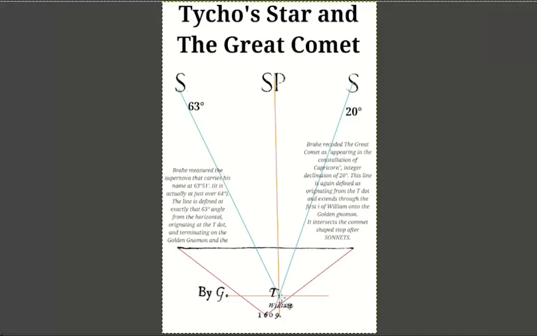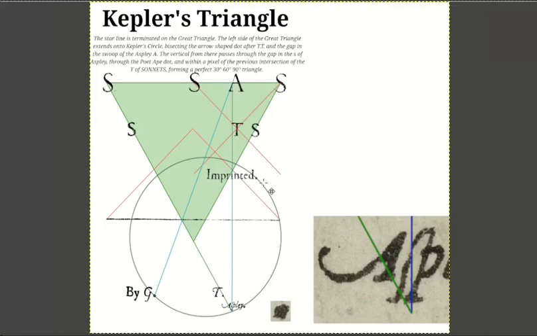But the really profound thing is that this Kepler's triangle, which has its right angle vertex defined as where this 21-degree line hits the great triangle here.